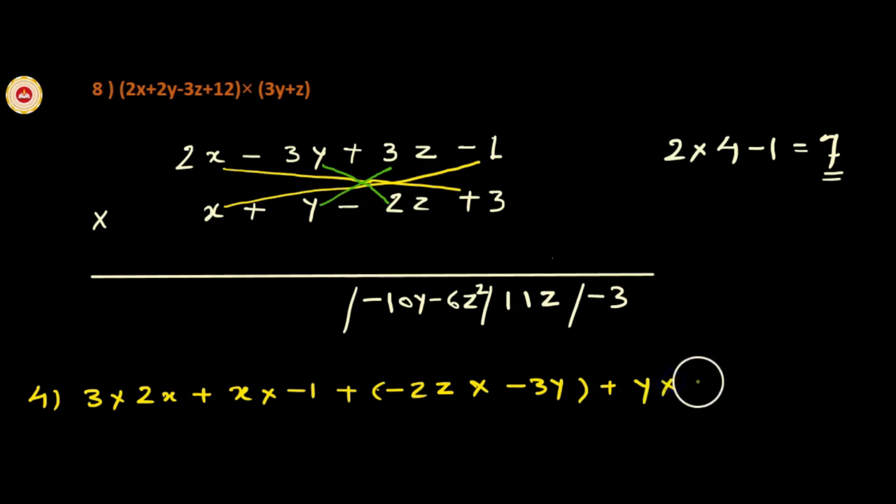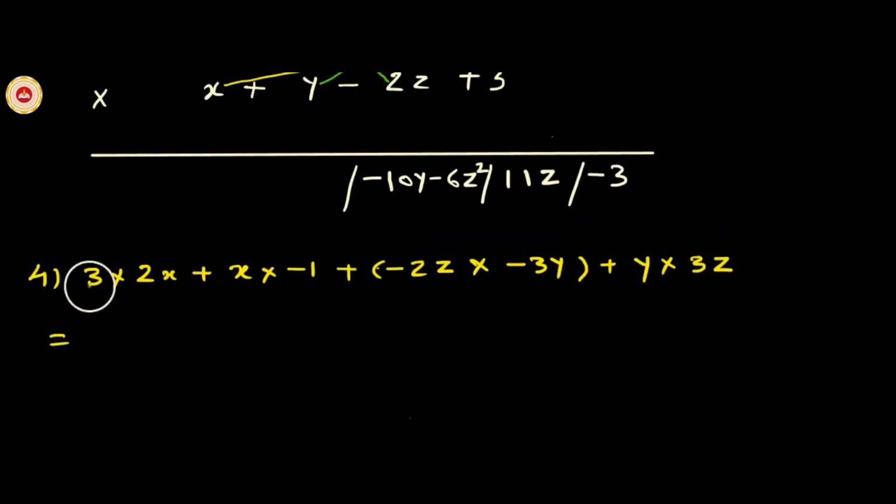Which is equal to 3 multiplied by 2x, 6x, plus x multiplied by minus 1, minus x, plus minus 2z multiplied by minus 3y.